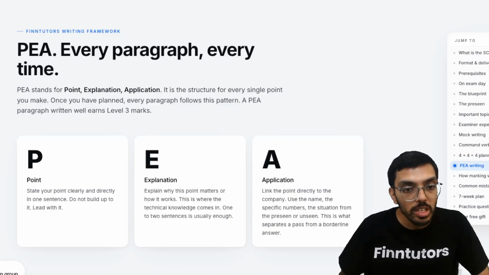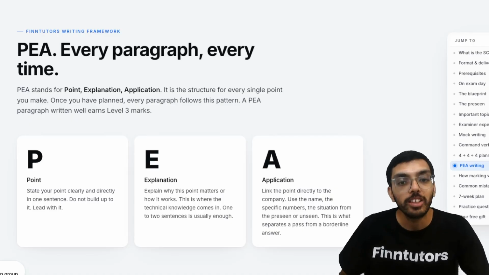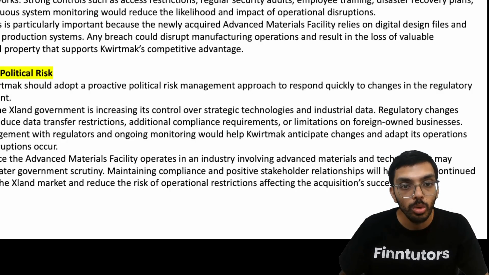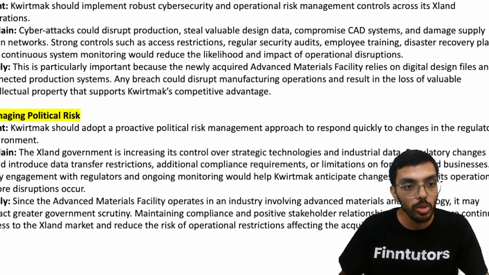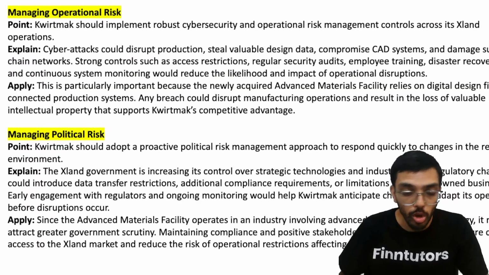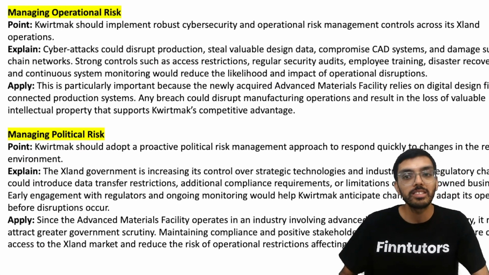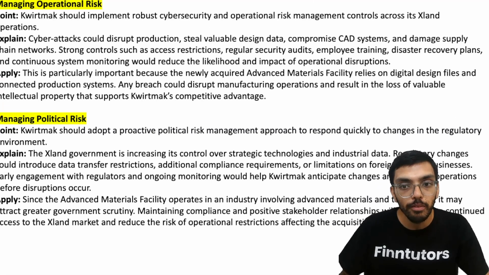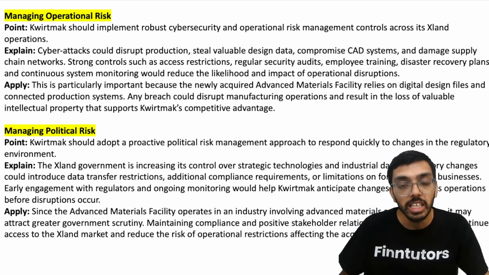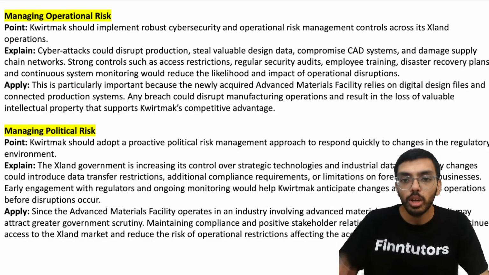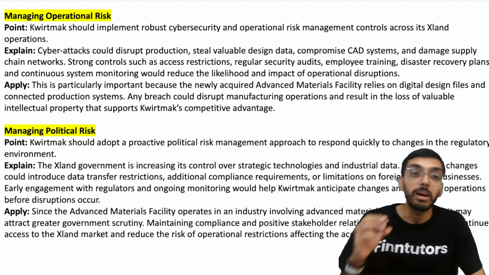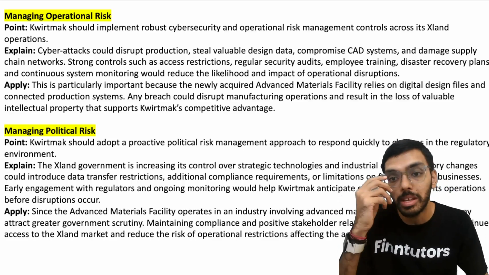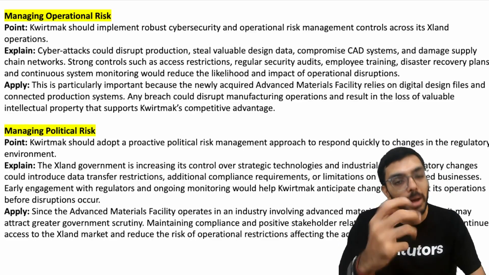Because essentially you are going in depth, you are explaining your perspective, your point of view. So you are doing a good job like a senior finance manager would. If we follow the PEA framework, for each point that I write, my 6, 7 sentences will be completed, plus I will be writing in depth and I will get my marks.